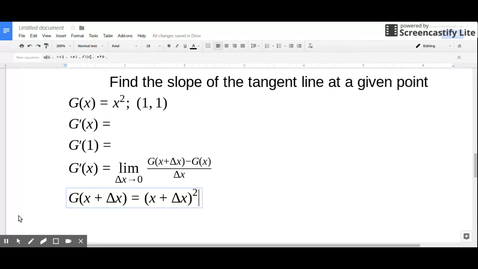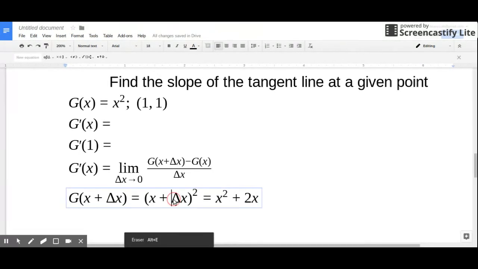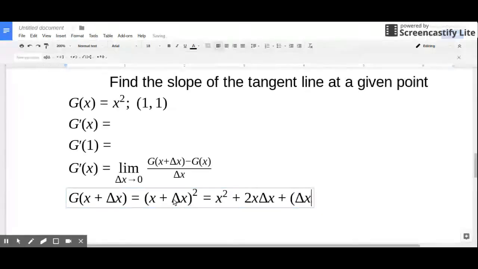Okay, so what we'll need to do here is multiply this thing out. All right, x times x is x squared. Like I said, I already went over this in the last section. Plus 2x delta x plus, and I'm putting parentheses around this, (delta x) squared.